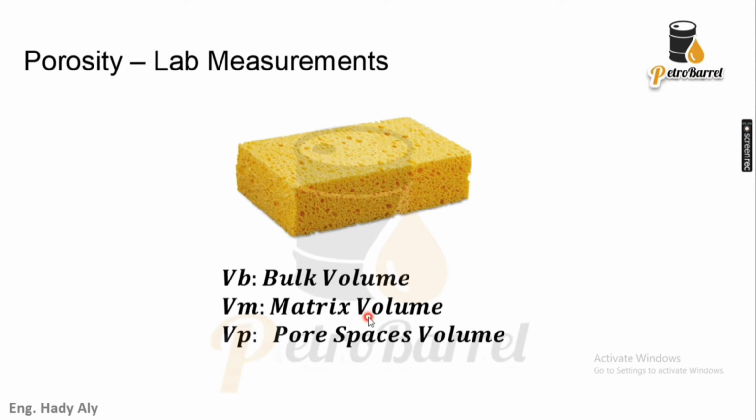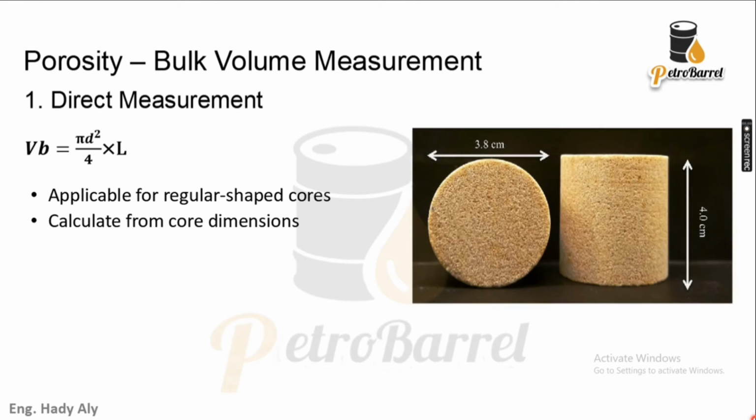Then the matrix volume, this is the volume of the yellow color or the formation itself, okay? And finally, the pore spaces volume, this is the volume of the holes located inside the core sample or the formation of the reservoir.